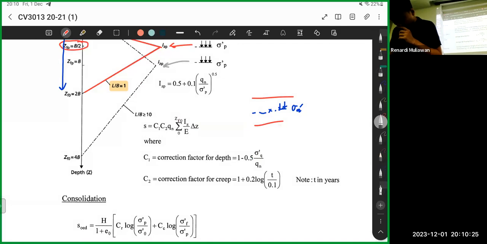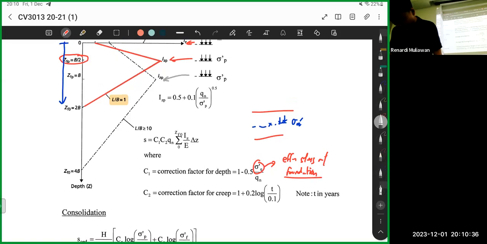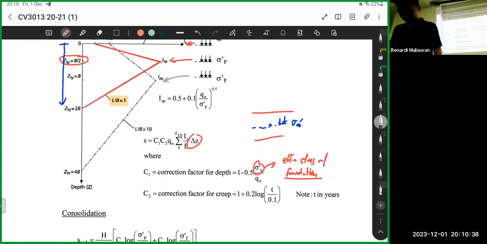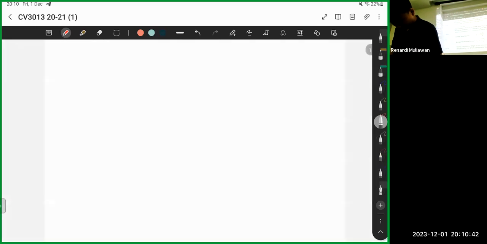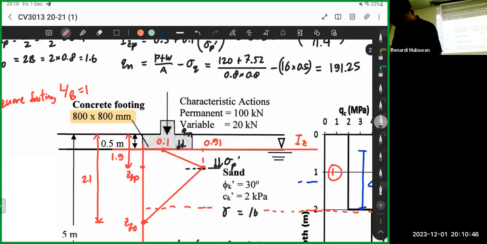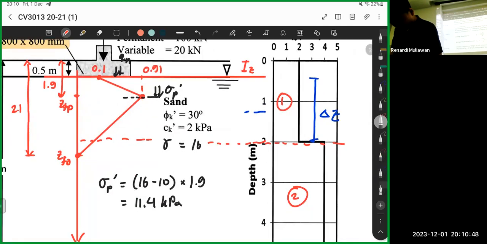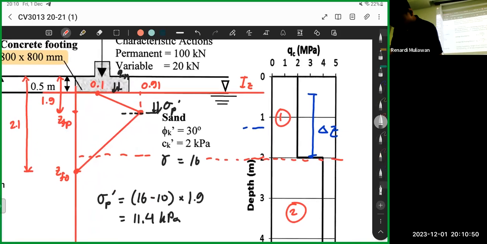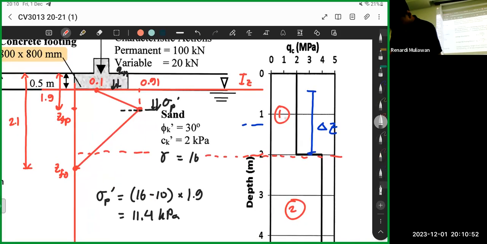Oh, sorry, by the way, this one is foundation. Effective stress at foundation. This one is constant, so it only changes the IZ and delta Z. I think you can divide it into 3 layers actually, but I don't know if this is correct.